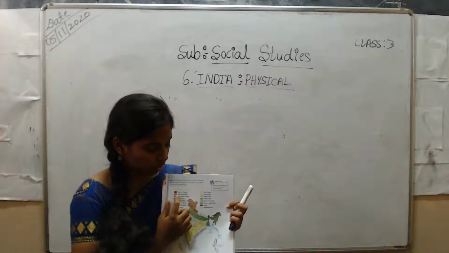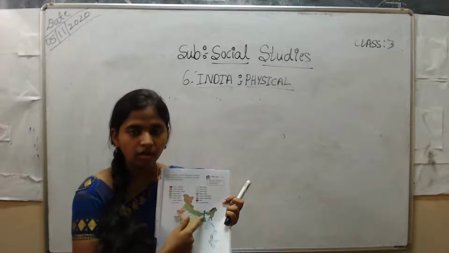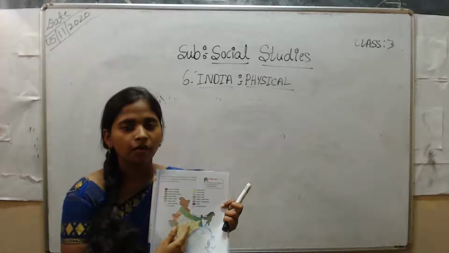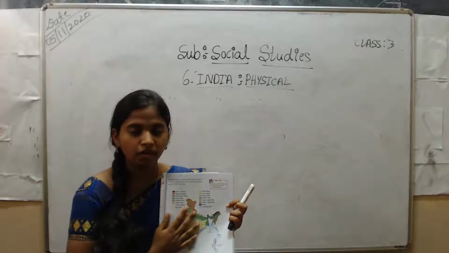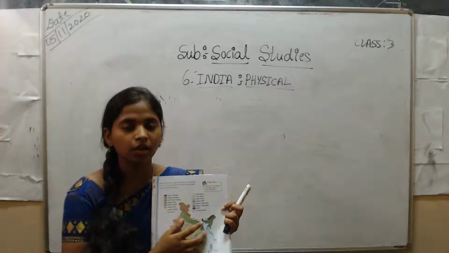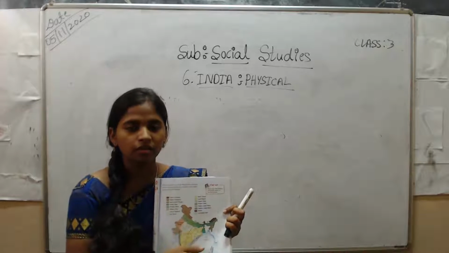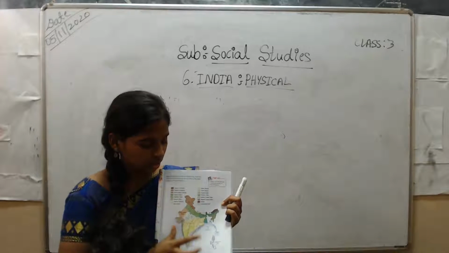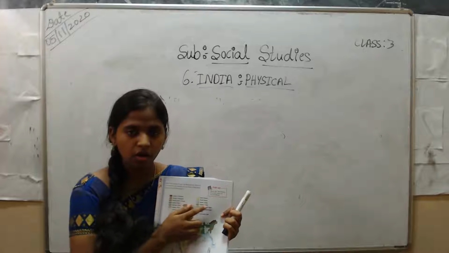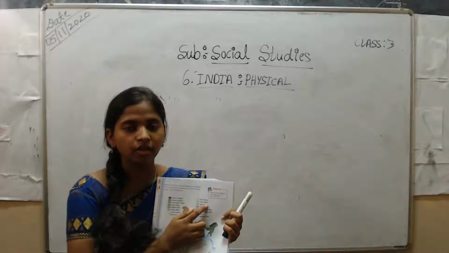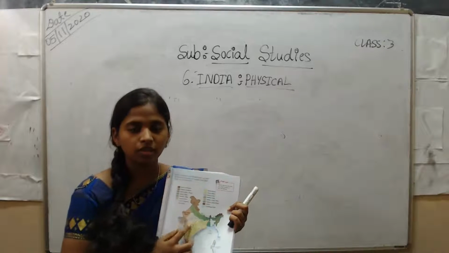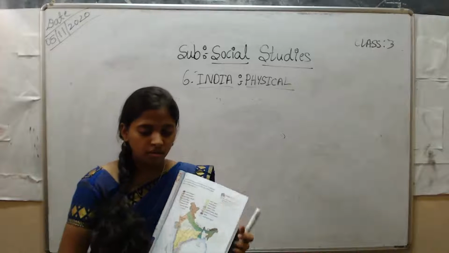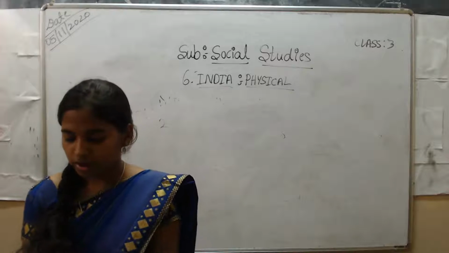According to those colors, you can easily find what kind of landform is present in a particular place or state. When you see the colors, you have to imagine that this kind of landform is present in these states. I hope you will do that.